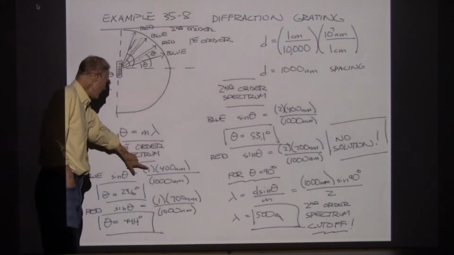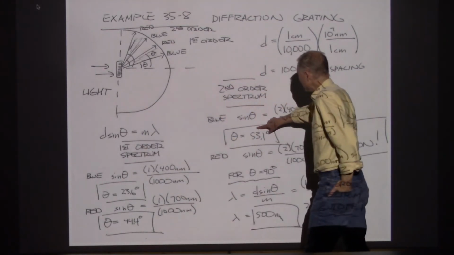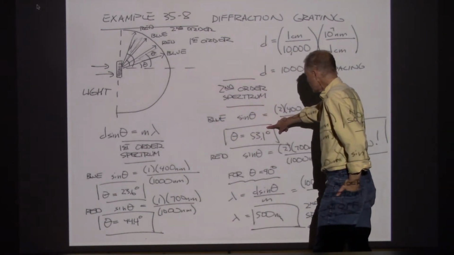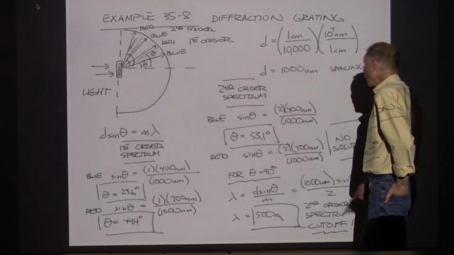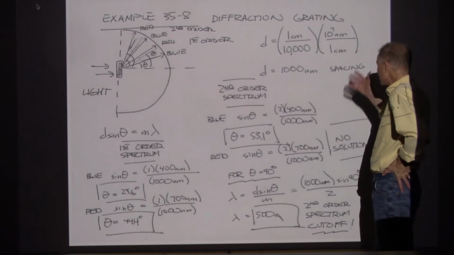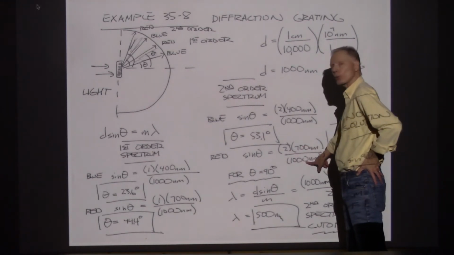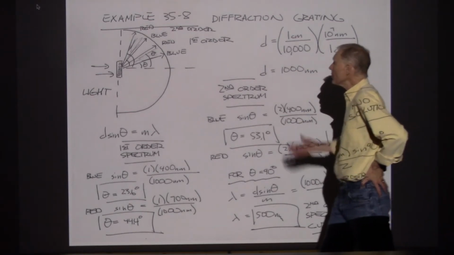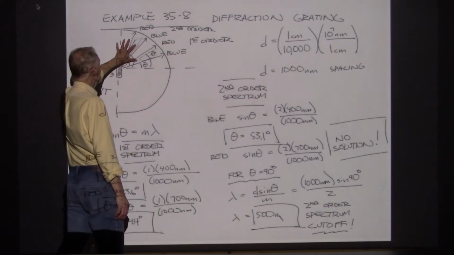Here we had m is equal to 1. And now the blue starts at 53.1 degrees, and it continues all the way to red, which turns out does not have a solution. And that's because 2 times 700 is bigger than 1,000. So we never get to this, okay, this diagram then is incorrect.